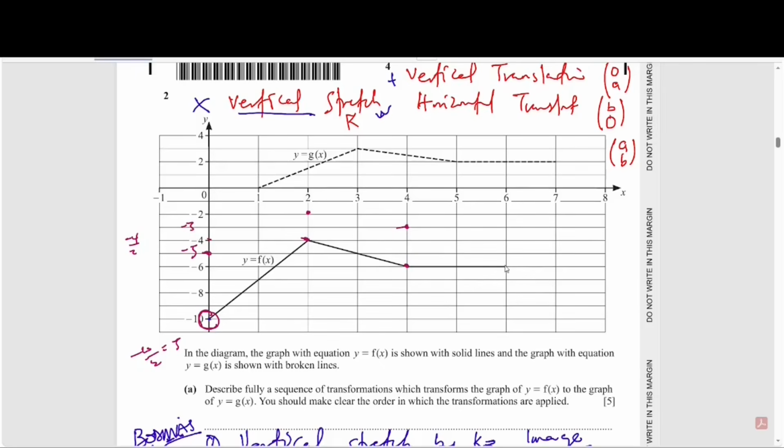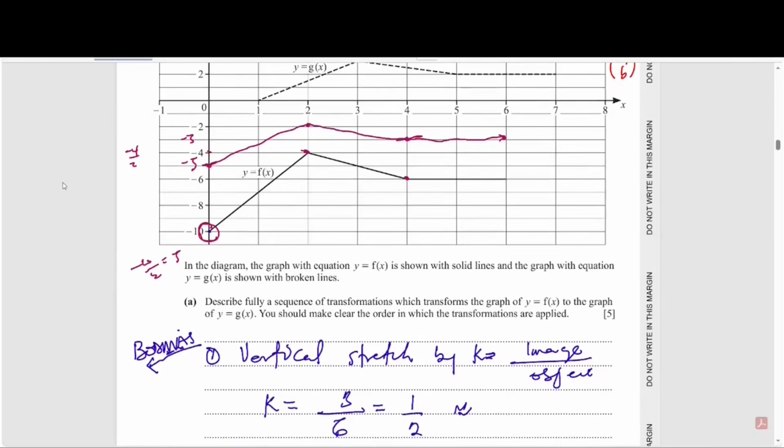The same applies to the last part, the end of the graph, which is also negative 3. So after the stretch is applied, our curve moves this way, comes here, all the way here, and then lies on this line up to this point. So this is our graph after the vertical stretch has been applied.